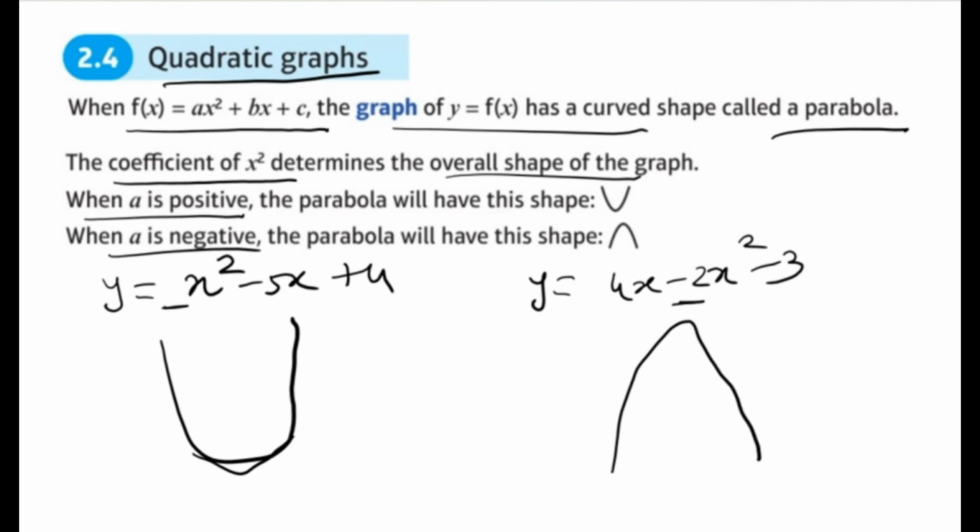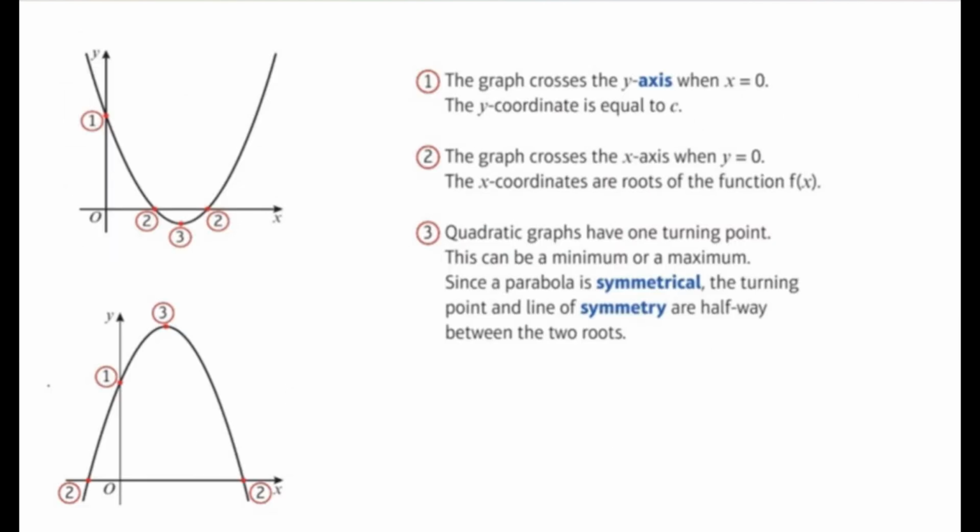So these two shapes we call a parabola, depending on what type of function you have, a positive function or a negative function. Now to draw a graph, we have to keep in mind these three things. First, we have to find the y coordinate, meaning where our graph intersects the y-axis. To find that, in our function, we have to substitute x equal to 0.